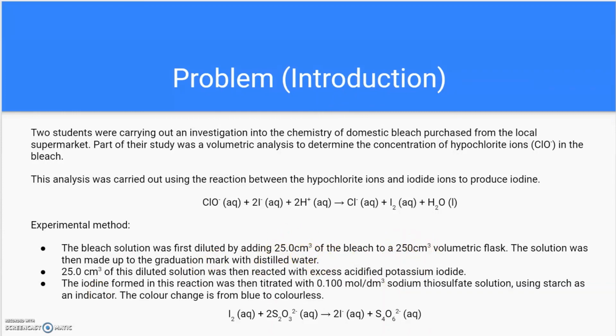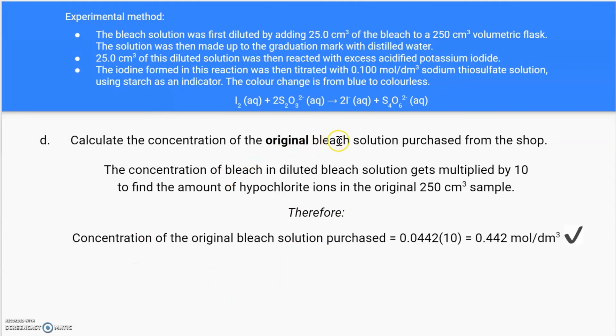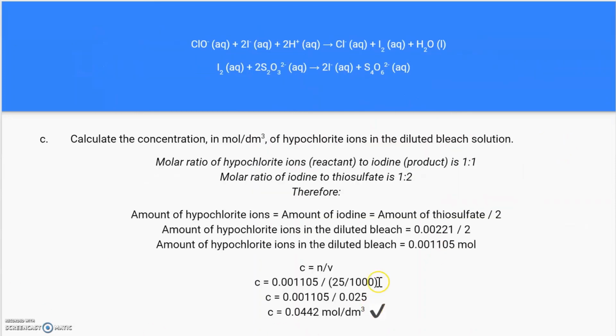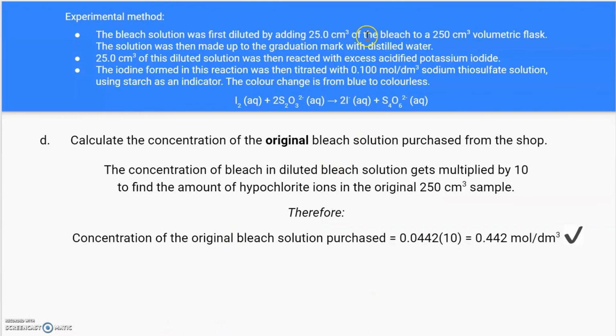So in order to calculate the original concentration, the concentration of the original bleach solution that was purchased, we need to multiply the concentration that we calculated times 10. As we can tell that the difference in volume is a factor of 10, right?